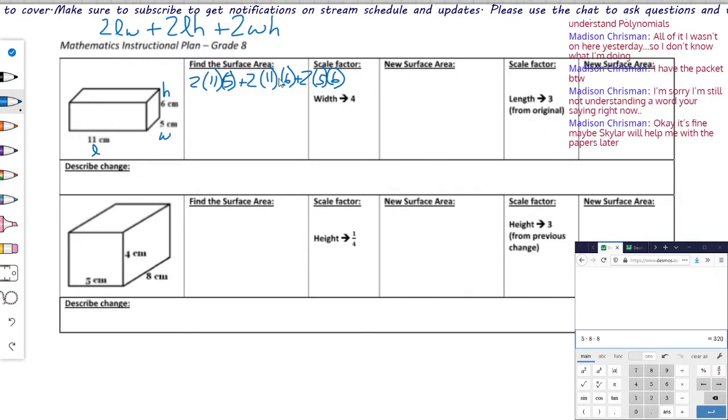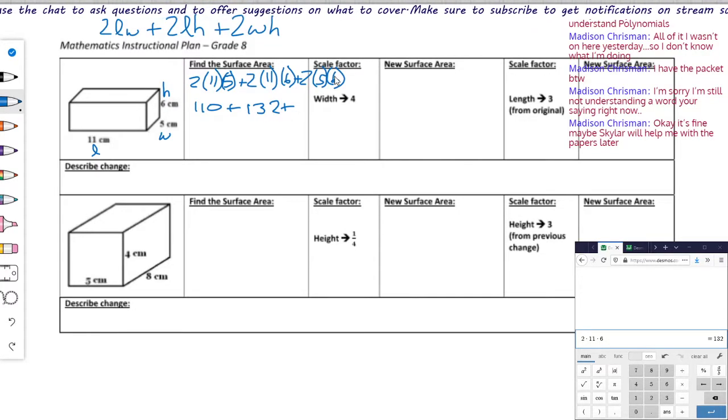So going with each term, 2 times 11 times 5, let's use the calculator real quick to see what that is. Get 110. 2 times 11 times 6, 132.